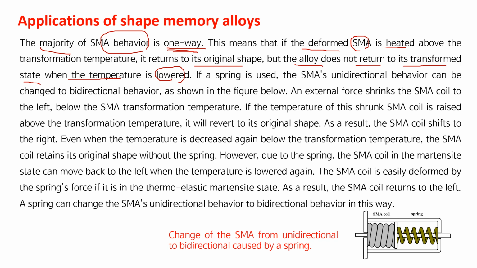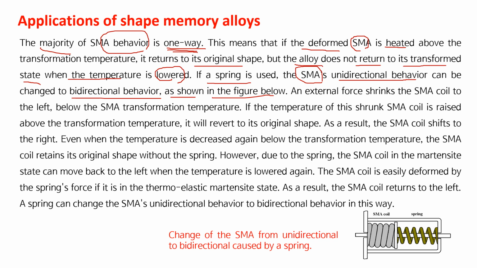If a spring is used, the shape memory alloy's unidirectional behavior can be changed to bidirectional behavior as shown in the figure below. So we already explained this, but let's see this again here.